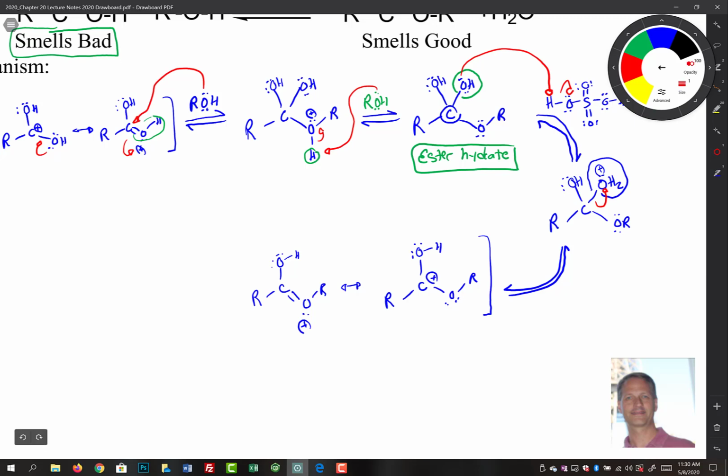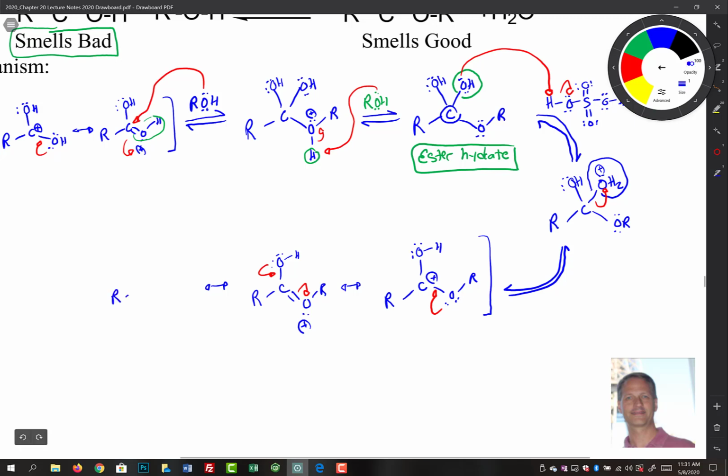How do we get that? Well, we do this. And then the last resonance structure that we would get would take these electrons, plop them down, and give that oxygen back. It's two electrons, so it has no more formal charge there.